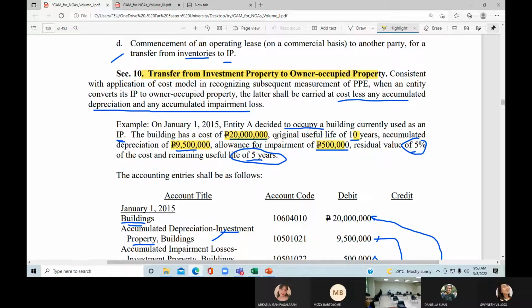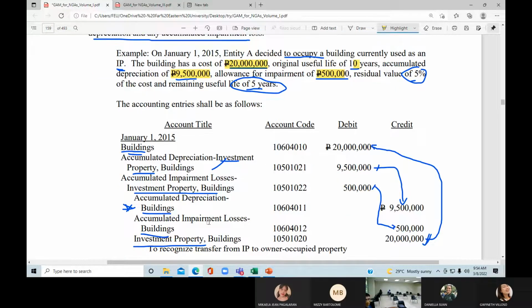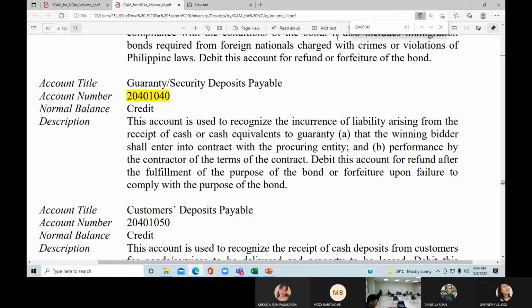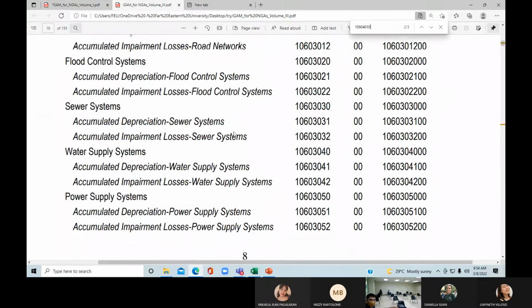So, anong aalisin mo? Yung investment property. Okay, kasi ililipat mo siya sa owner-occupied property. Anong gagawin mo? I-credit mo yung investment property account. Ayan, naka-credit yung investment property buildings. I-debit mo sa PPE account, so buildings account. Okay. Kasi nga, magiging owner-occupied property na siya. So, tingnan natin yung account type sa volume. Ayan, buildings and other structures.